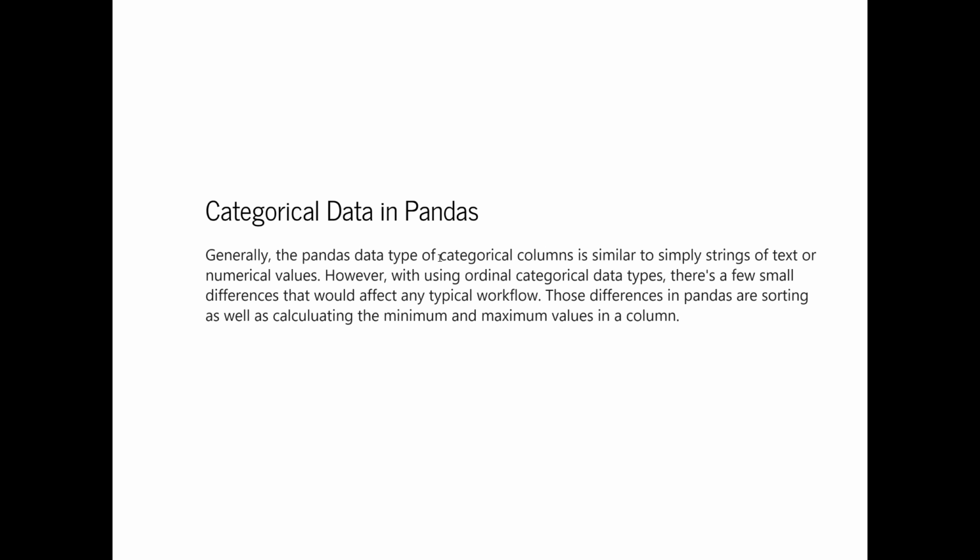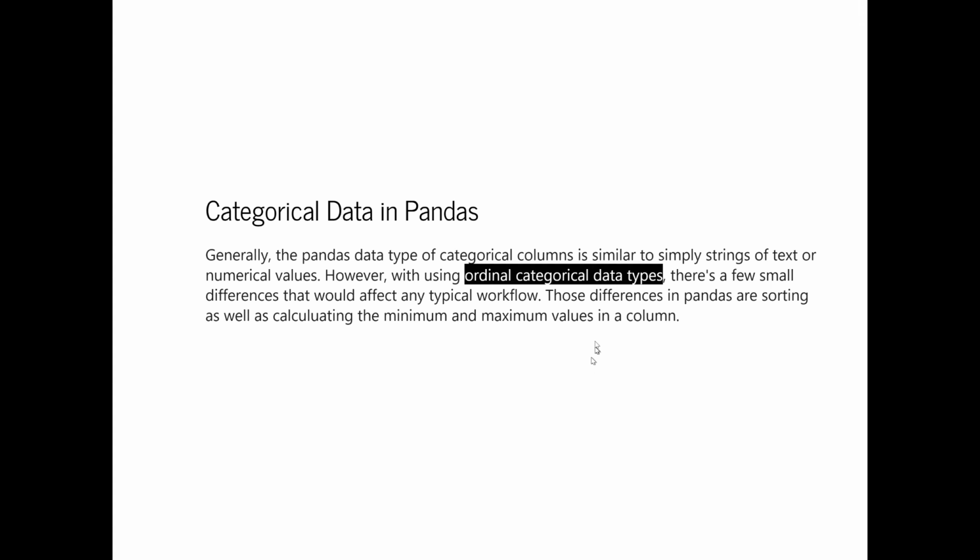Now, pandas, we haven't seen this before, actually has a categorical type that we can apply to columns of categorical data. And we can use ordinal categorical types as well, so that we can tell the difference in rank between values in an ordinal categorical type.